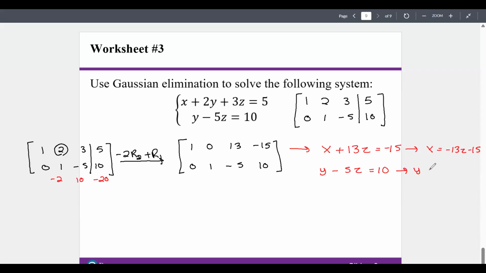And y is going to be 5z plus 10. So x is -13z minus 15, y is 5z plus 10, and then z is my independent variable, so that's where it's going to go. I have to write solutions, not solution here, because we do have a set of solutions. Just make sure it all lines up.